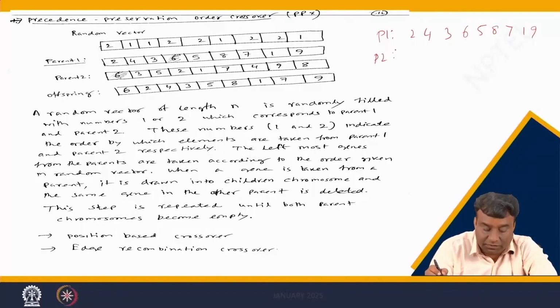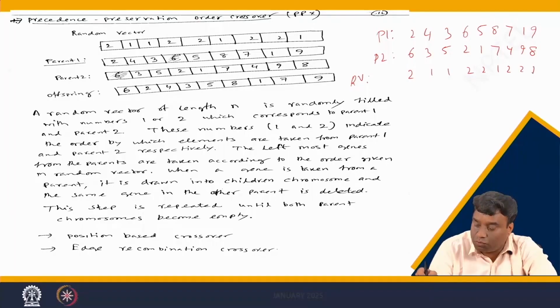Parent 2 is 6, 3, 5, 2, 1, 7, 4, 9, 8. And the random vector, written as RV, of the same length, is 2, 1, 1, 2, 2, 1, 2, 2, 1.